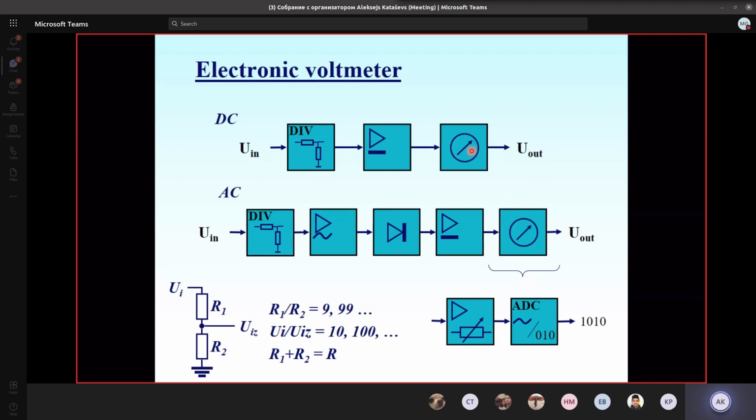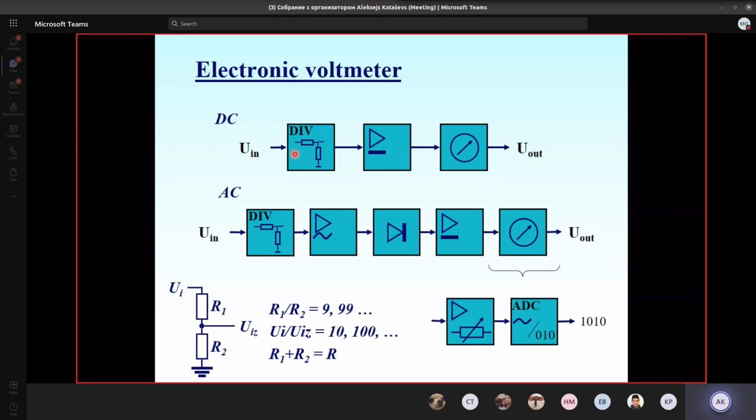Usually the design of such measurement instruments includes one high gain amplifier and one measurement device, and the arrangement of the measurement scale is done just by using a voltage divider. Even in professional meters, the voltage divider is a very nice decision for how to adjust the range. We don't need anything except a voltage divider.